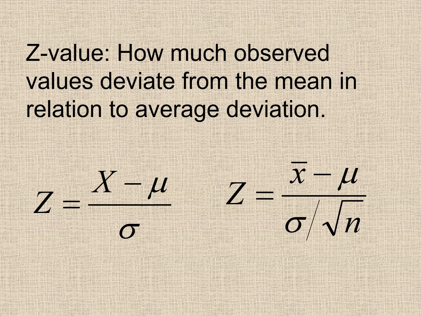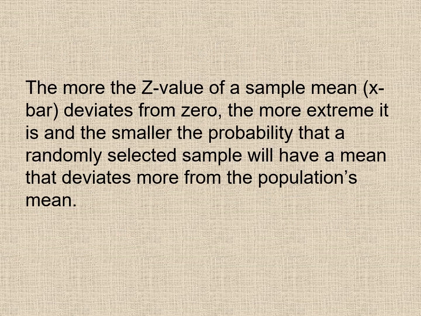So the z-value gives us how much an observed value deviates from the mean in relation to average expected deviation.